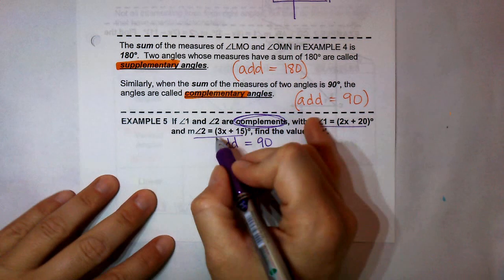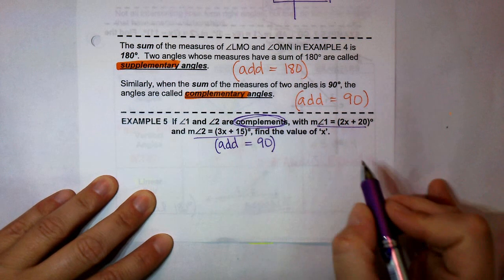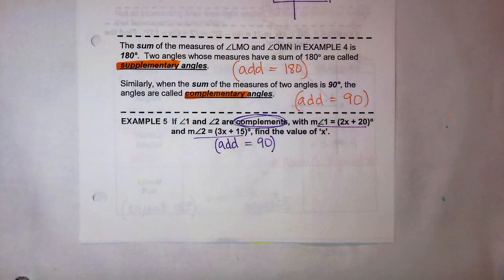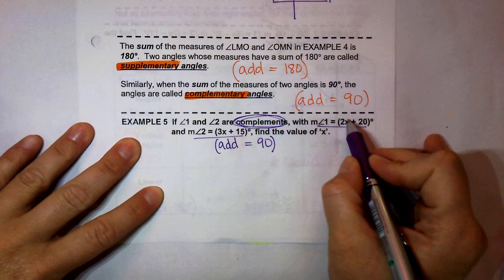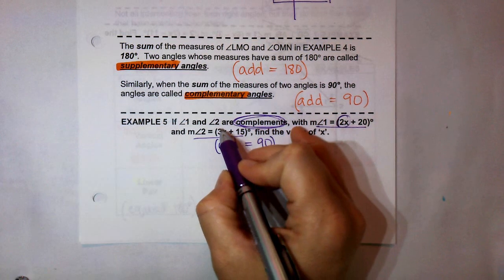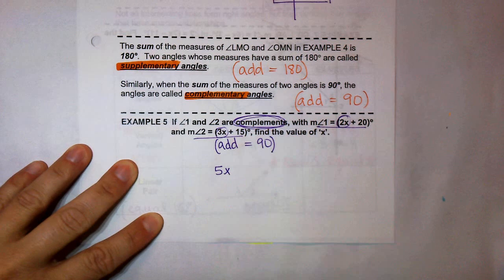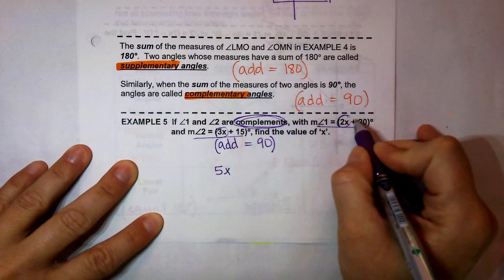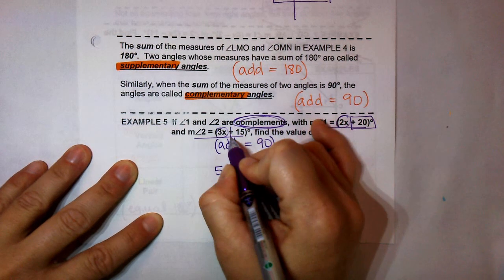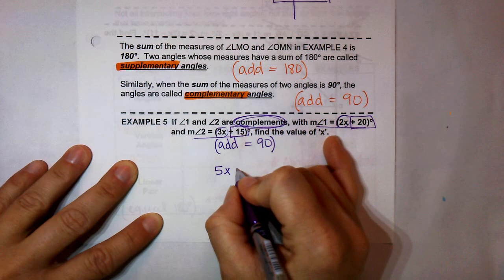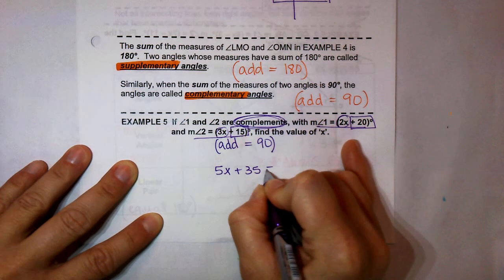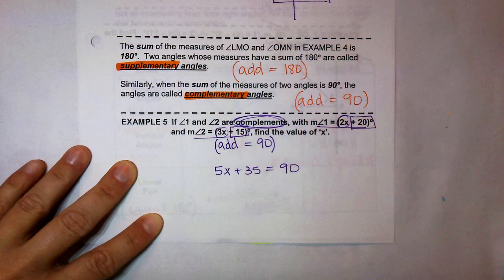So combine your like terms. I'm going to just do it, and then I'll write it again. So 2x plus 3x is 5x. 20 plus 15 is 35. And they have to equal 90.